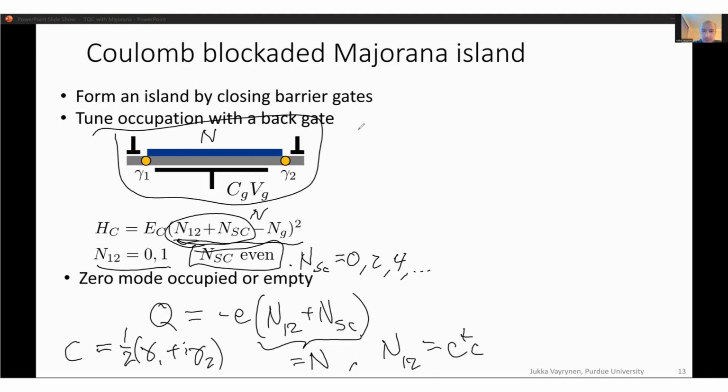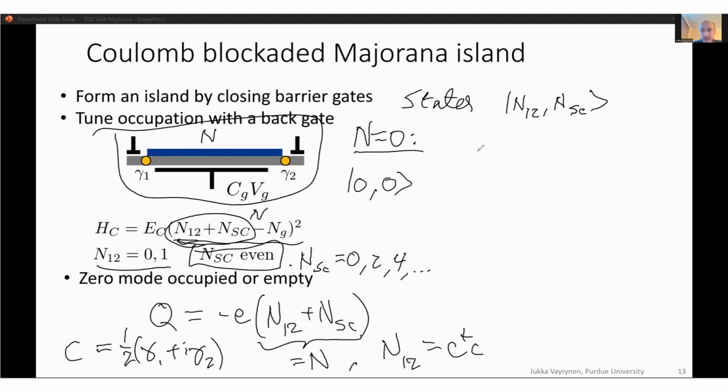So let me give an example of what the states look like. There's a state with 0 number of electrons, and let me use a basis where I put the N12 first, and then the NSC. So the state with 0 electrons is (0, 0). Then there's a state with 1 electron, which is (1, 0).